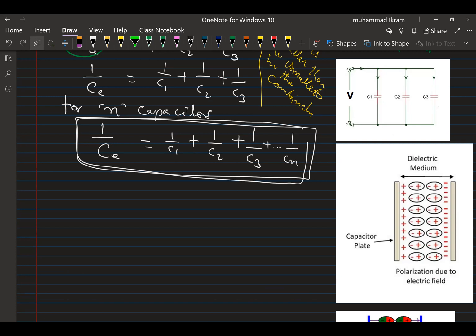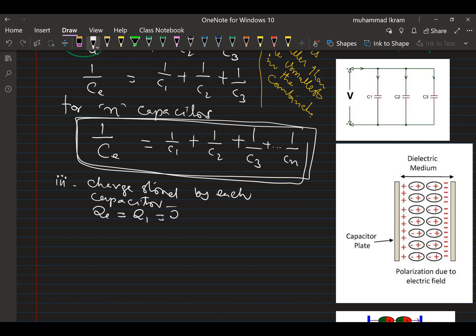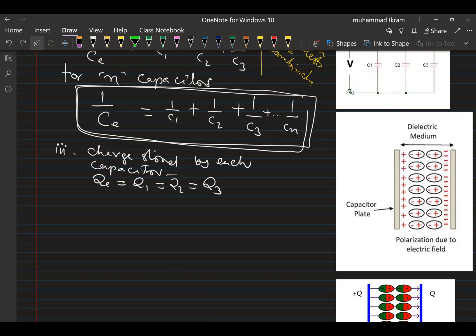Similarly, the charge stored by each capacitor is equal to the equivalent charge, Q1, Q2, since the same amount of charge is stored by each capacitor.